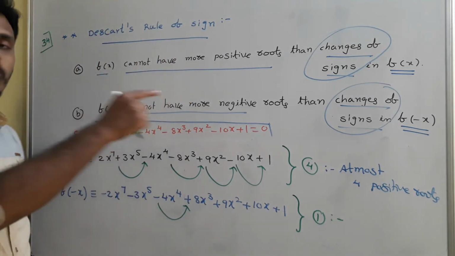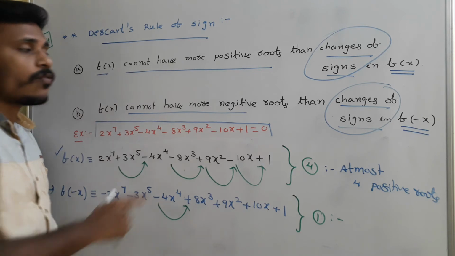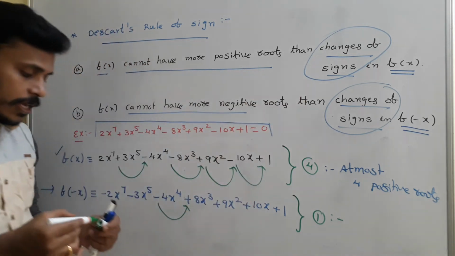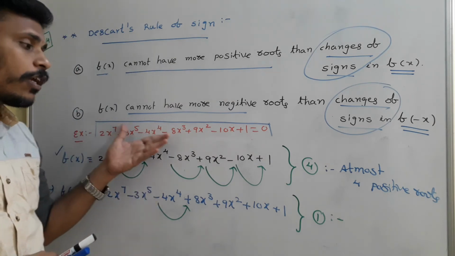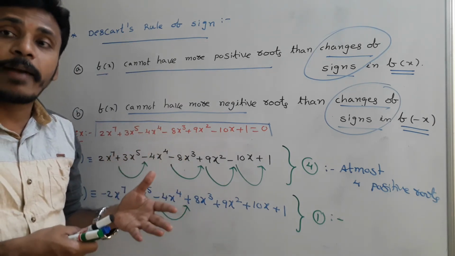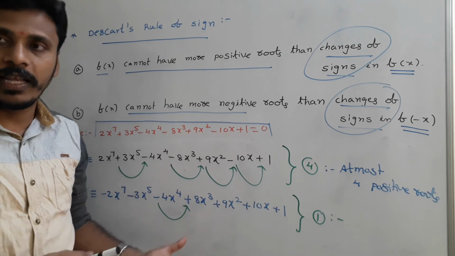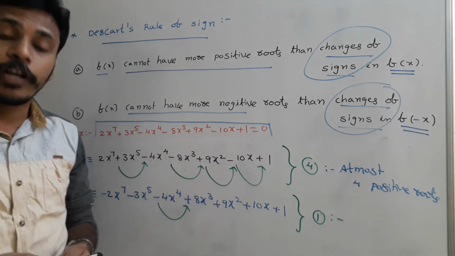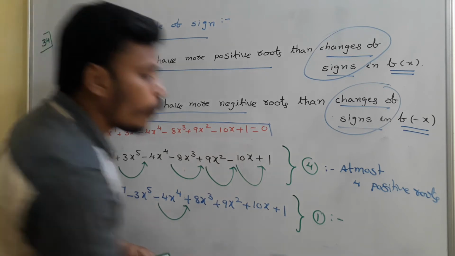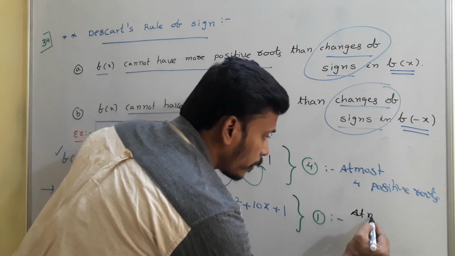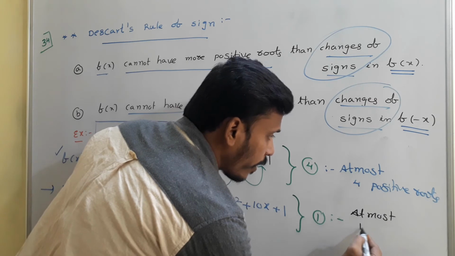As per rule 2, f of x cannot have more negative roots than changes of sign in f of minus x. That means this polynomial equation maybe has a maximum of 1 negative root or maybe less than that, but it can't have more negative roots than 1. So we will write this polynomial equation has at most 1 negative root.